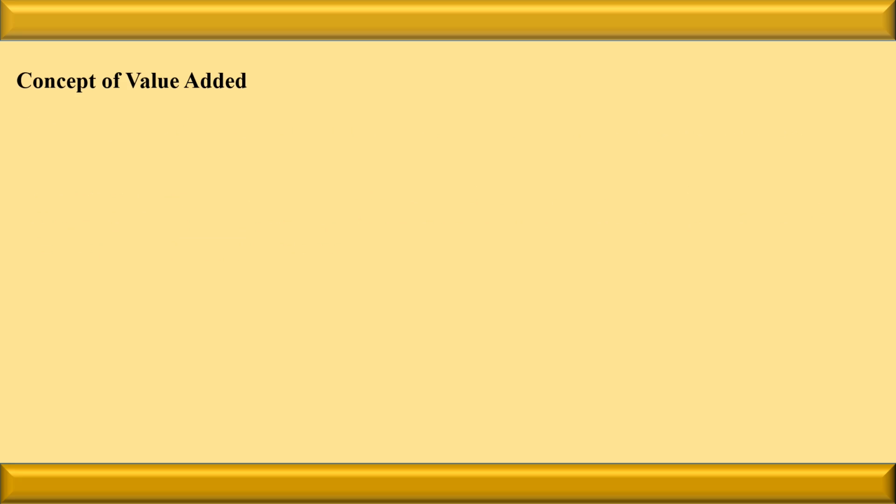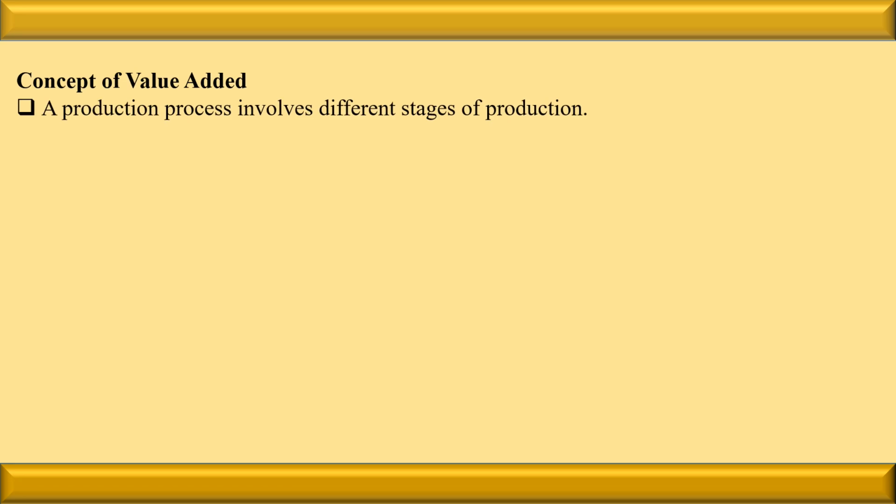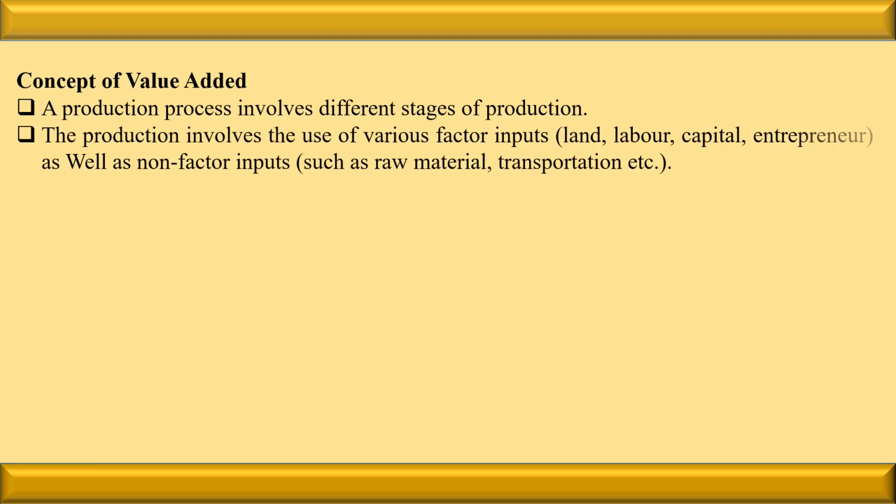Let us go in detail and see what we do under the value added method. We know that the production process involves different stages of production. The production involves the use of various factor inputs, land, labor, capital, entrepreneur, as well as non-factor inputs such as raw material, transportation, etc., used for the production of the commodity.